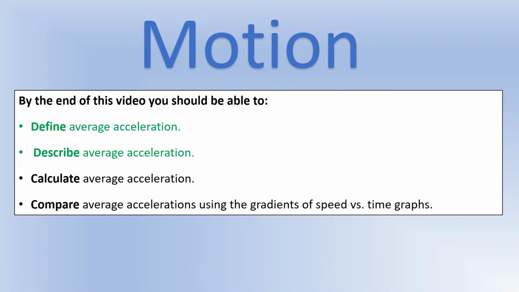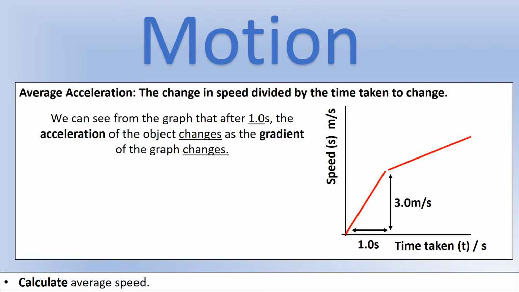So let's actually do some calculations for average acceleration. Looking at this speed versus time graph, to start off with, we've got a certain acceleration, and in the second half, we've got a different acceleration. So let's look at calculating those two accelerations. In the first section, the change in speed is 3 meters per second.